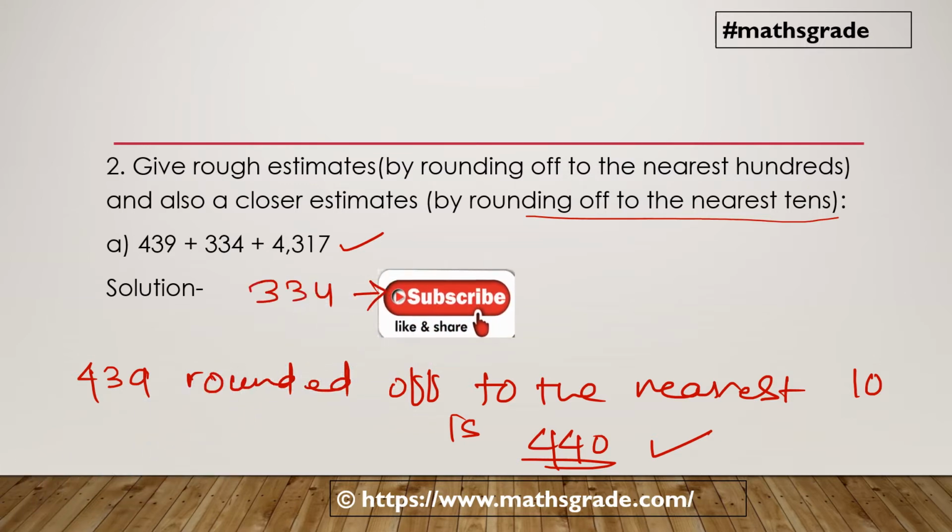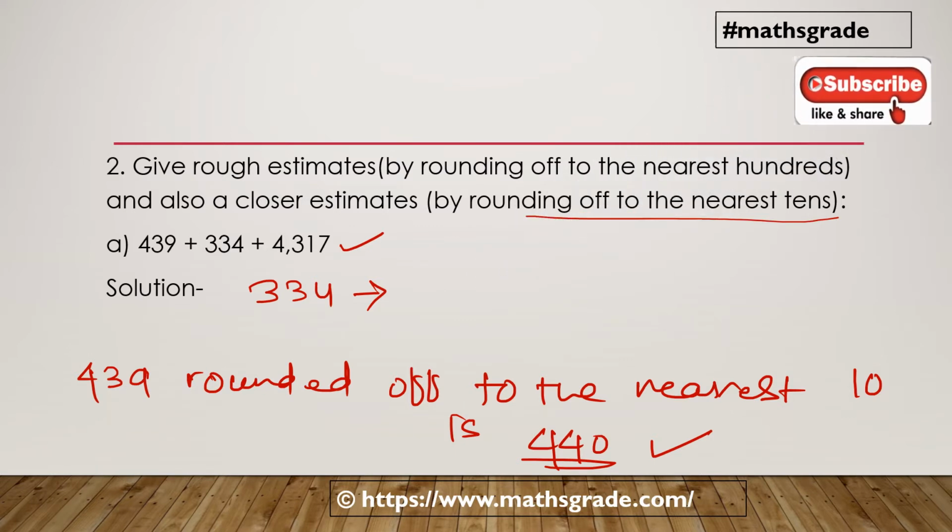When we round off this number 334 to the nearest 10, in 334 the unit place digit is 4, and 4 is less than 5. So don't add 1 in the tens place digit.